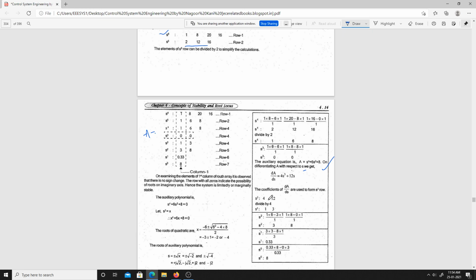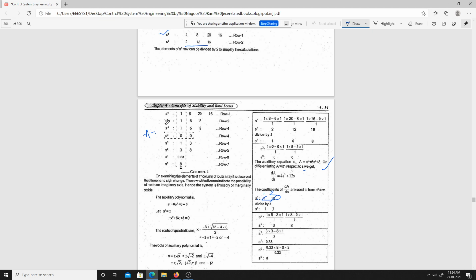The coefficients are 4 and 12, which we can take as 1 and 3 for simpler calculation. So I'm replacing these zeros with 1 and 3 here. Again, with the normal procedure, I'm going to construct the Routh array up to s power 0. Is it clear?